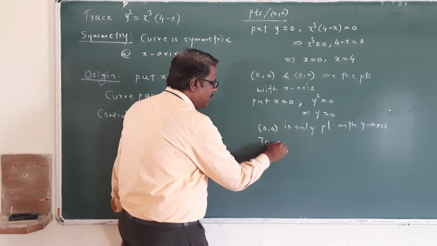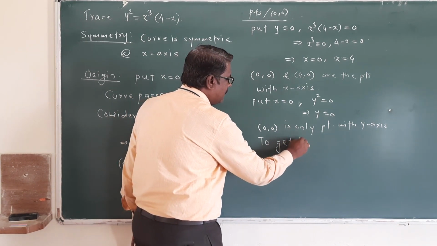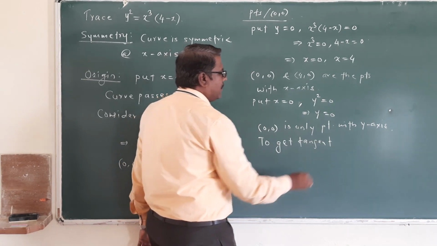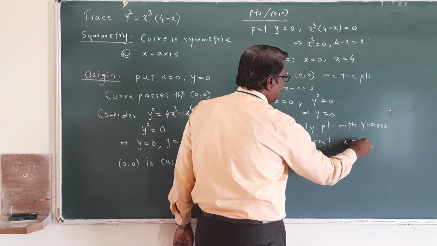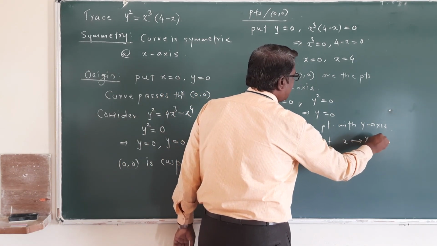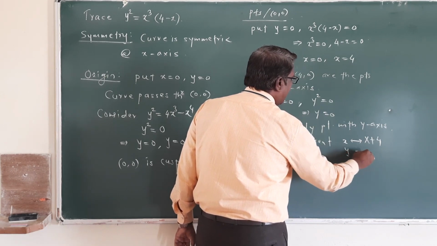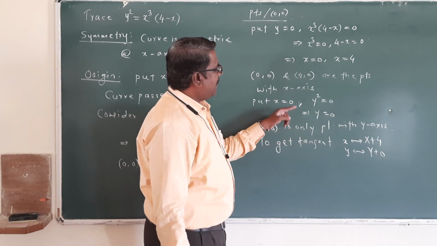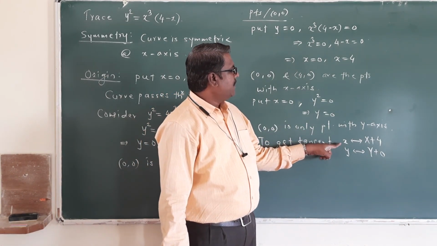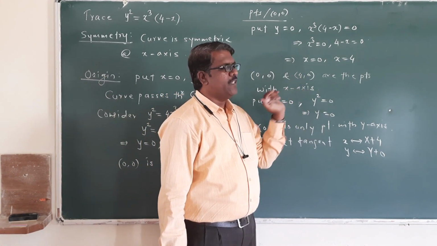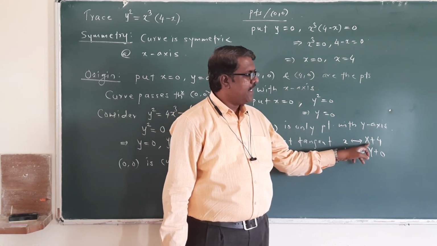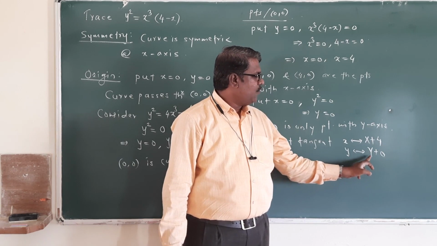To get the tangent, replace x by X plus 4 and y by Y plus 0, because here we are going to shift the origin to the point 4 comma 0, and therefore I will use the transformation x is X plus 4 and y is Y plus 0.